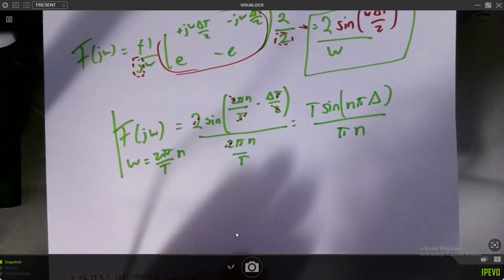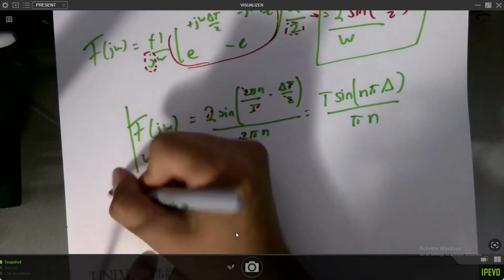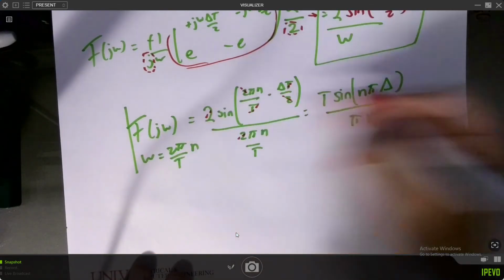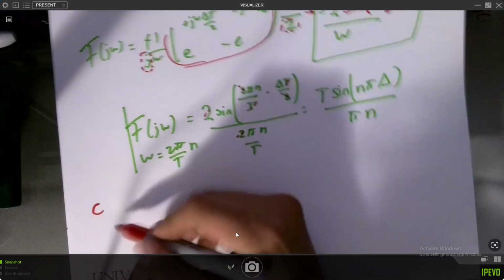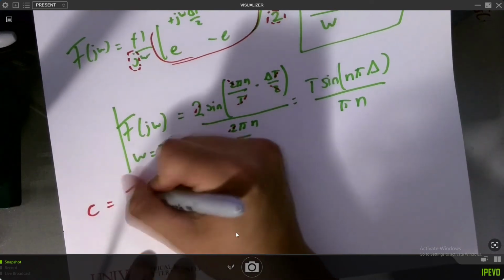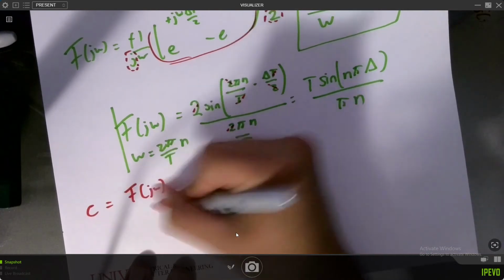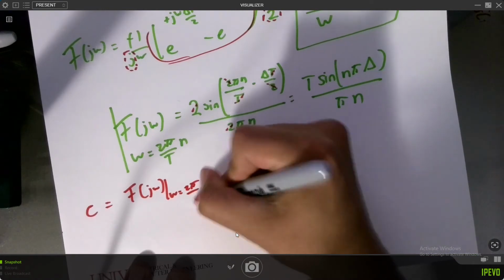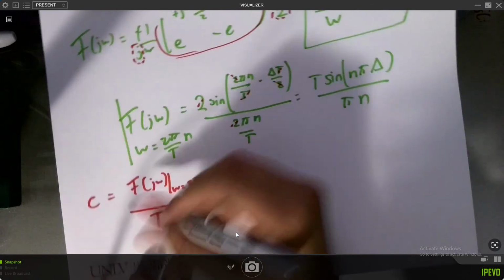That's not good. One thing you need to know is we want the Fourier series. Here we're getting the actual Fourier transform, but the definition of the Fourier series coefficient c is the Fourier transform itself sampled at omega equal to 2 pi n divided by T, because you have this basis function.